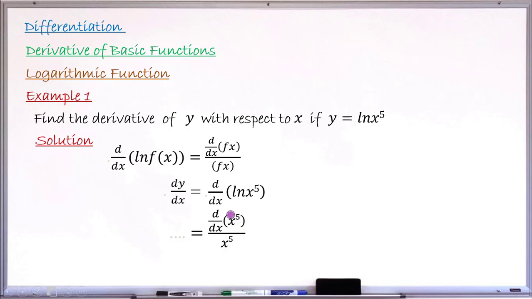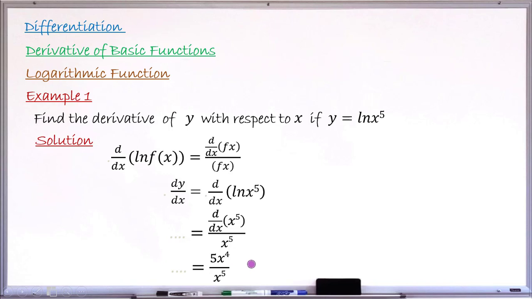The derivative of x raised to the power of 5 is nothing but 5x raised to the power of 4. We learned that in our previous lesson: the power of 5 will reduce by 1, and it will multiply whatever number is here, in this case 1. So 5 times 1 gives you 5, over x raised to the power of 5, which is your f(x). So this is the derivative of this function.